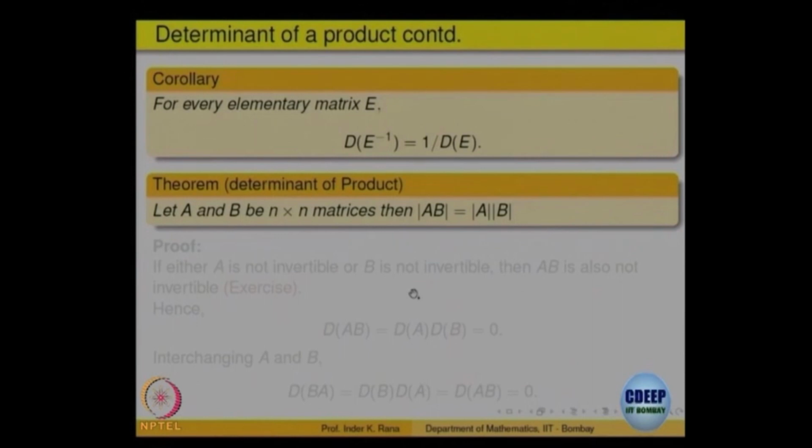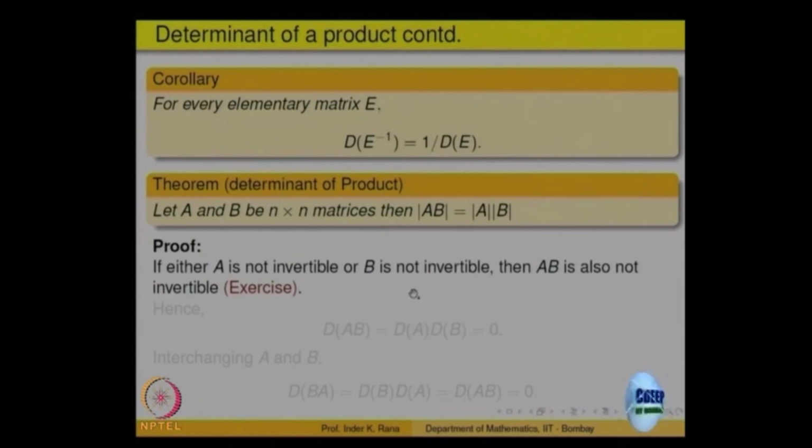Okay. So, now we come to the fact that the determinant of AB is equal to the determinant of A into the determinant of B. The proof is quite simple. See, there are two possibilities. One, either A is not invertible, where A and B are square matrices.